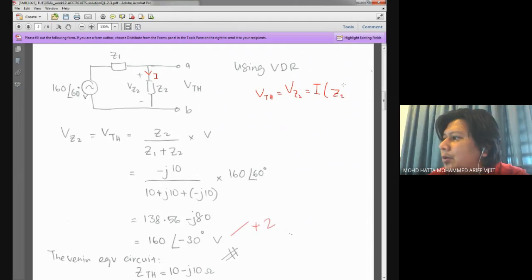And the way you calculate VTH here is that you apply simple Ohm's law where you need to find the value of the current I over here.